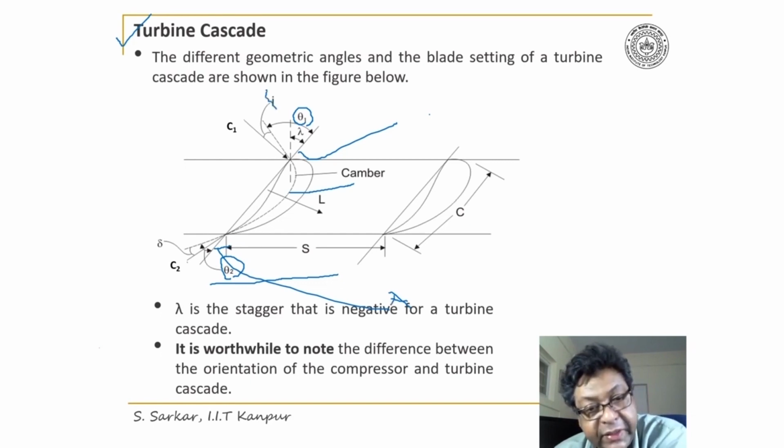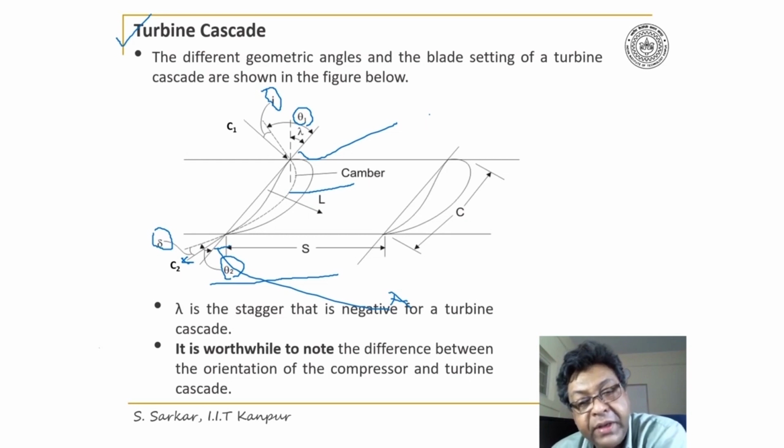The incidence is the angle between C1, the inlet velocity, and the camber line. So one can evaluate alpha 1 for the turbine cascade and similarly alpha 2, where del is the deviation which has been marked here. Deviation is the angle between C2 and the camber line.